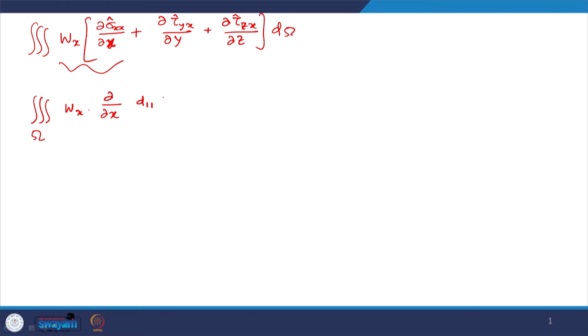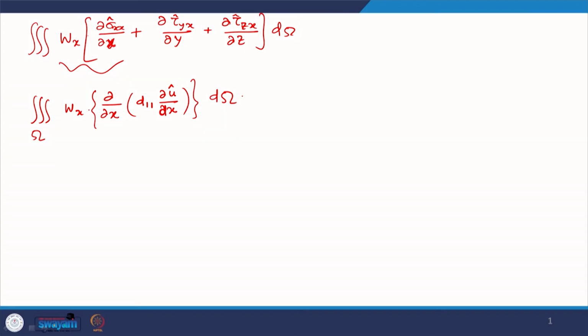So, sigma x x is equal to d 1 1 times epsilon x x. Epsilon x x is equal to del u hat over del x. So, that is the first term: the domain integral of the first term of the residual of the first row.